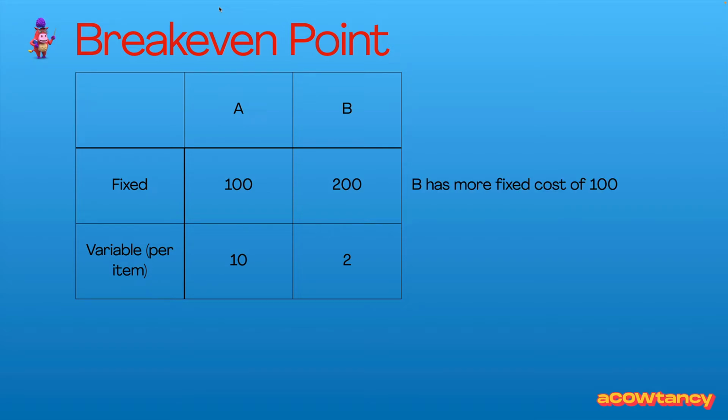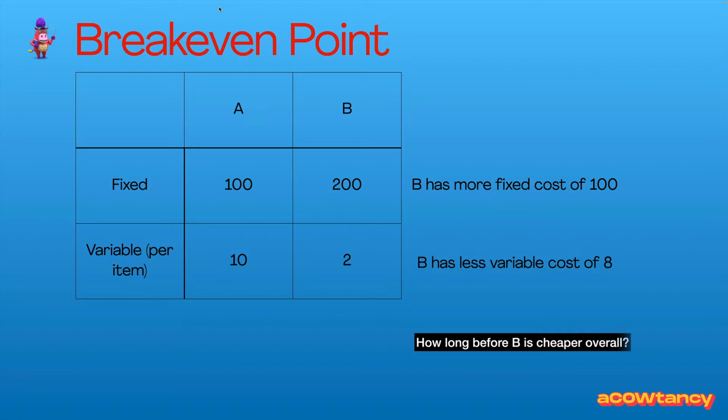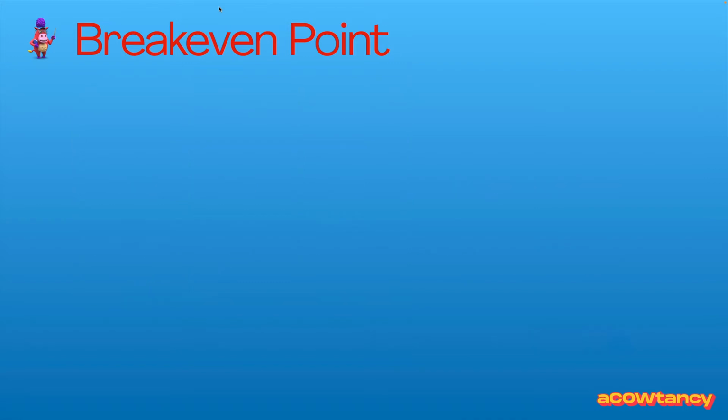So hopefully you can see that B has more fixed costs of 100, but in time it will become cheaper because it has less variable costs of 8. Now the question basically said, well, how long before B becomes cheaper? How long before the variable cost savings add up to the extra fixed cost? So how long before B is cheaper overall?